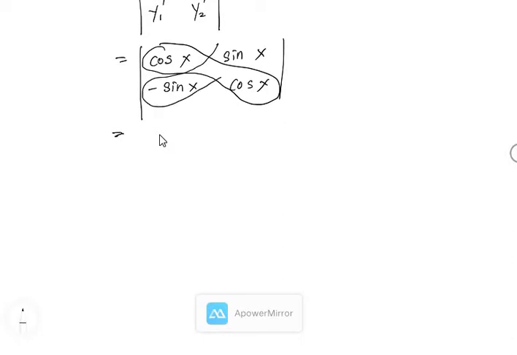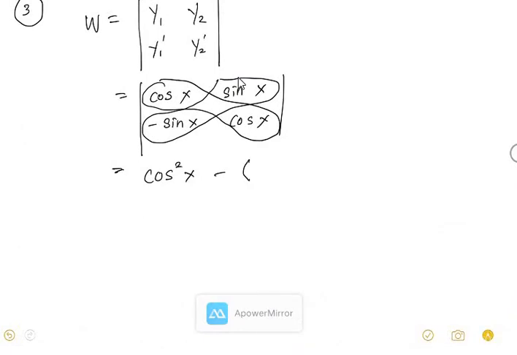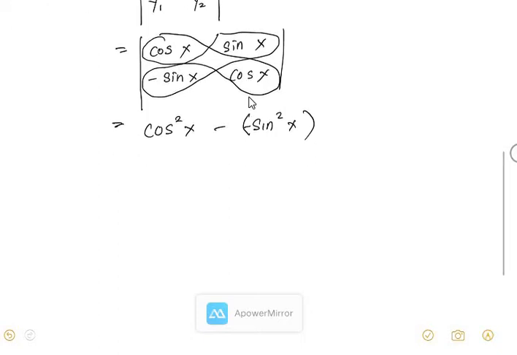So this is equivalent to this one multiplied with this one, minus this one multiplied with this one. So cos x times cos x, you get cos squared x, minus, sin x times negative sin x, you get sin squared x, so you will get positive.